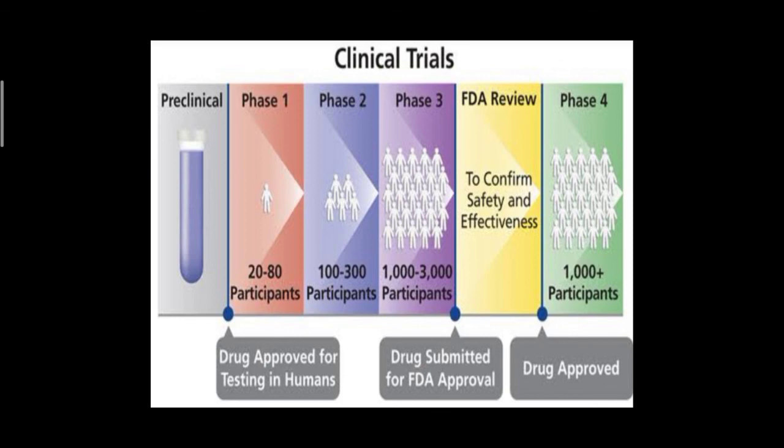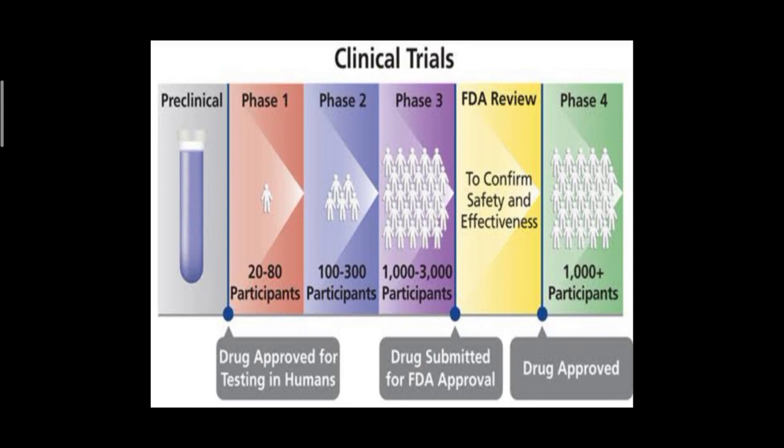If you are successful up to phase 3, they will report that data to the higher authorities and regulatory bodies and get approval that it is safe. Till phase 3 we have made the research, and till now no complications have happened.